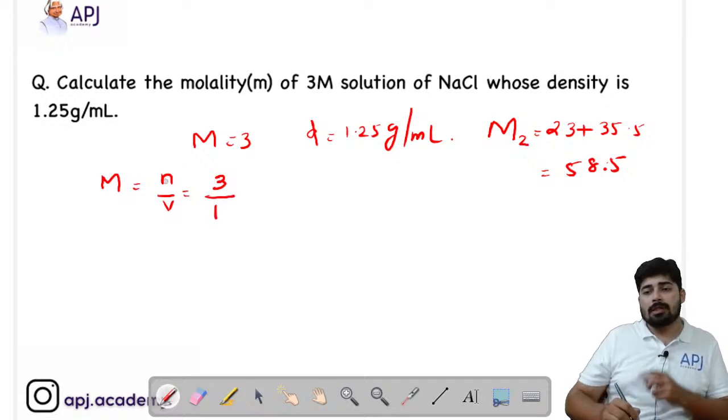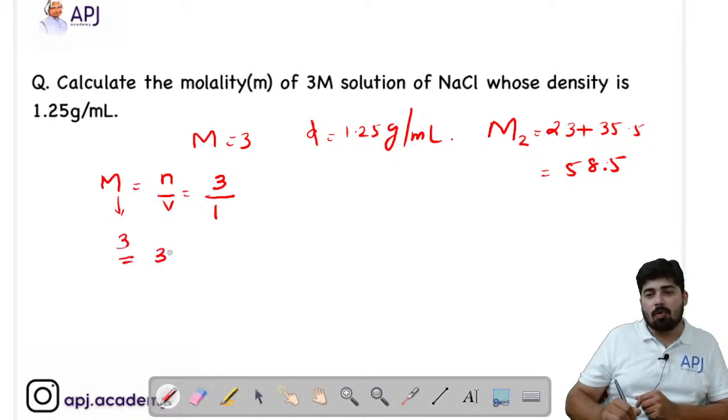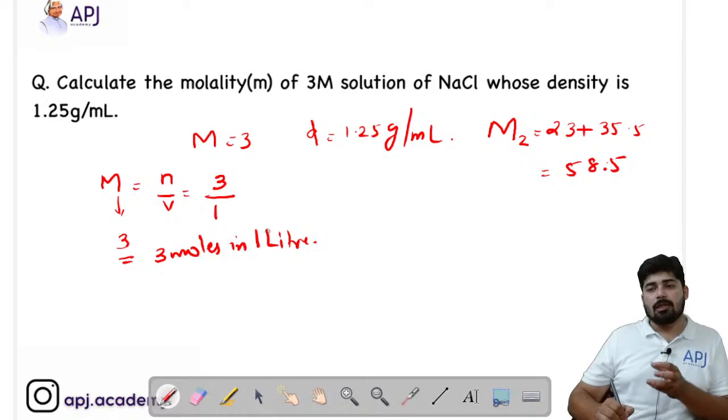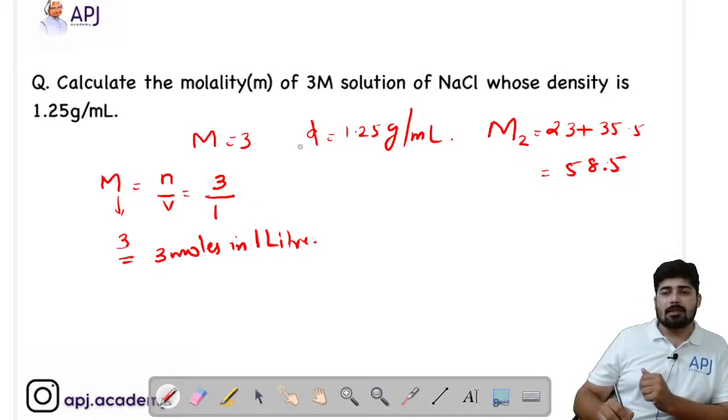How? Because if the molarity is equal to 3, what does that mean? It means 3 moles in 1 liter. So from 1 liter of solution, 3 moles of NaCl is present. That is what 3 molar means.